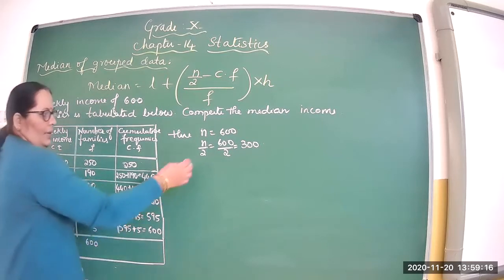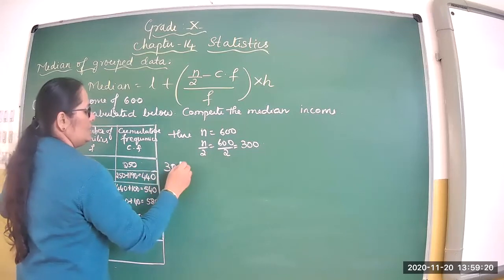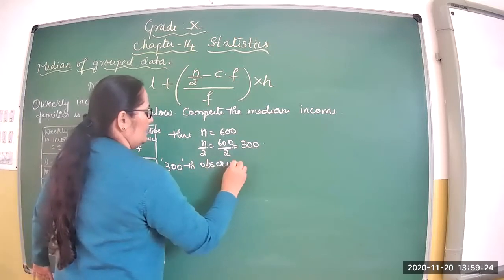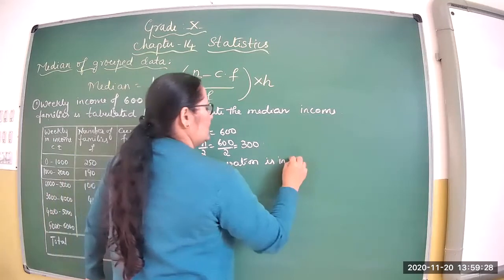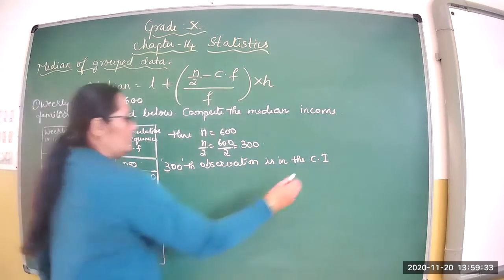Now, n by 2 is 300. So this observation is in the class interval 1000 to 2000.